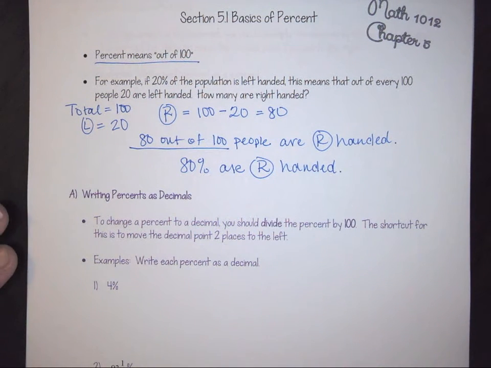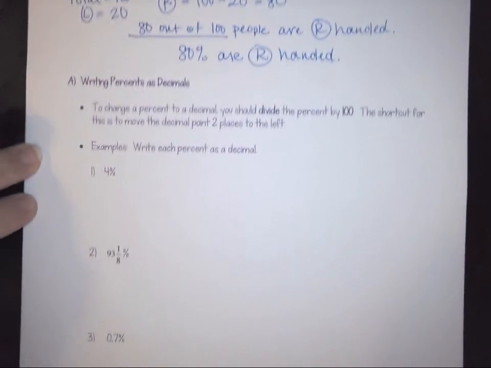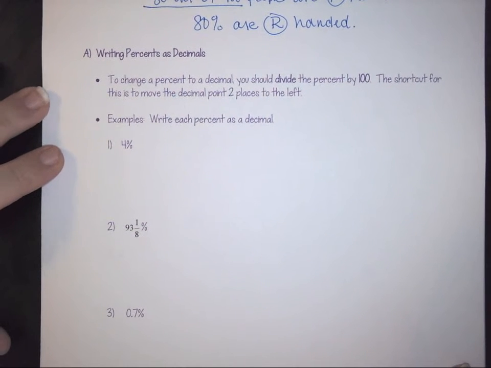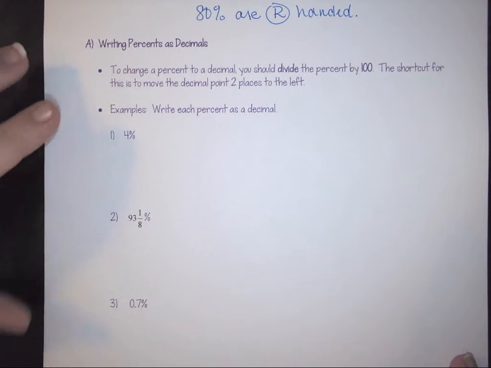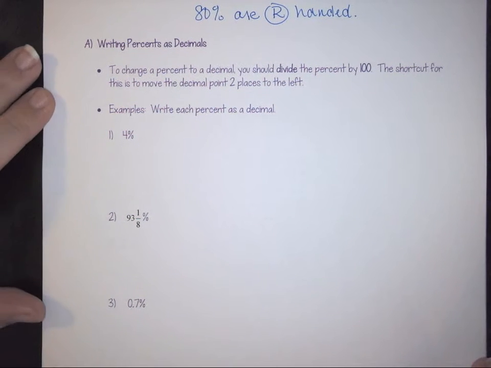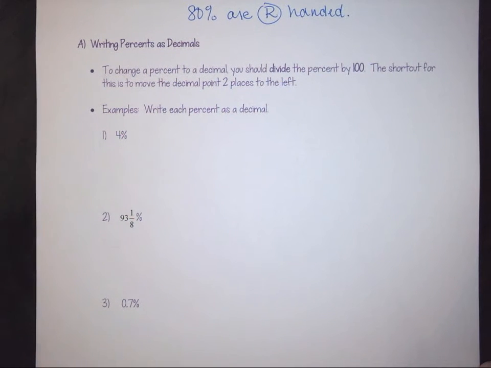Okay? So what we're going to look at is how do we change percents in different forms, whole number, fraction, or decimal, into an actual decimal itself.